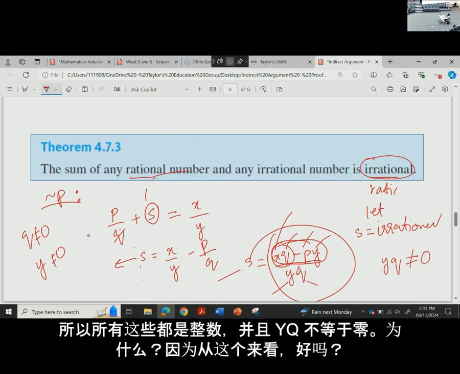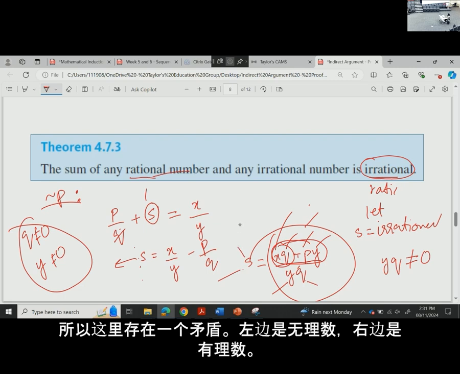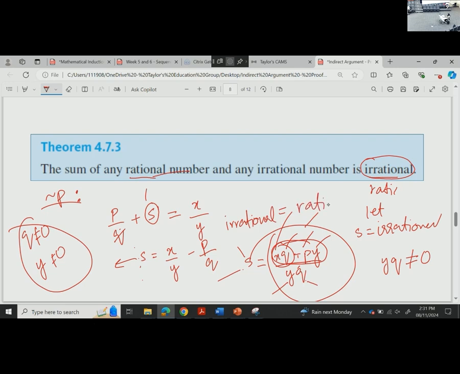Why? Because from this, okay? But here you see all of this is in the form of what? A rational number. But here what do we have? Irrational. So we have a contradiction over here. On the left hand side we have an irrational number. On the right hand side we have a rational number.